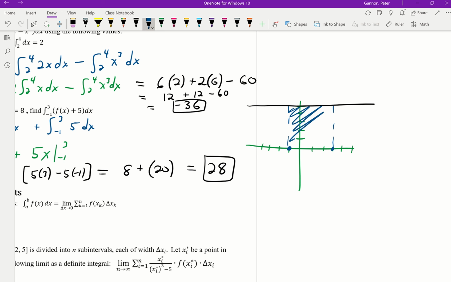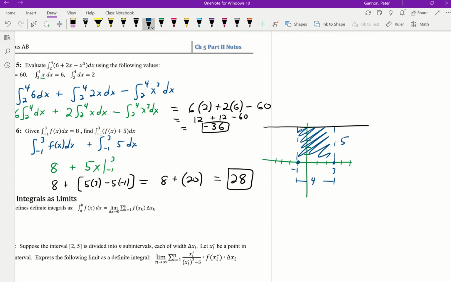And that's what we're finding when we take the integral of a constant, is we're finding the area of some rectangle. The constant is the height of the function, which is 5, and then the interval from negative 1 to 3 gives you the base of the rectangle, and from negative 1 to 3 is 4.